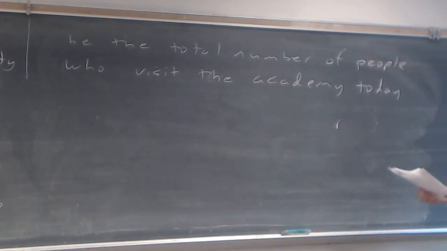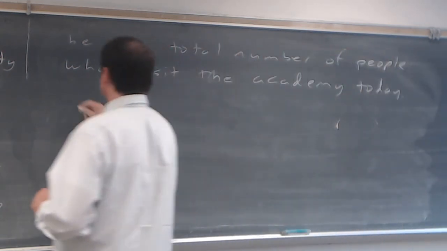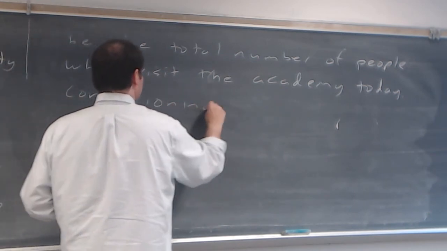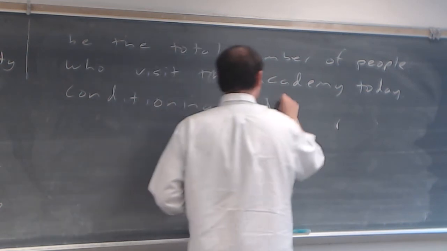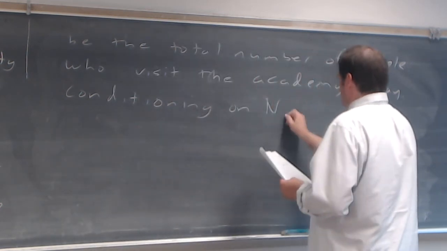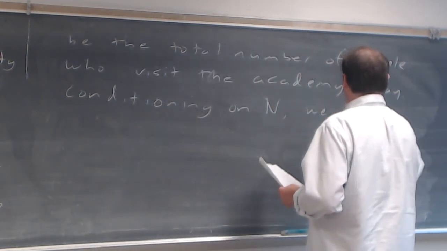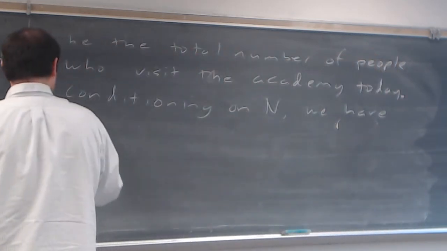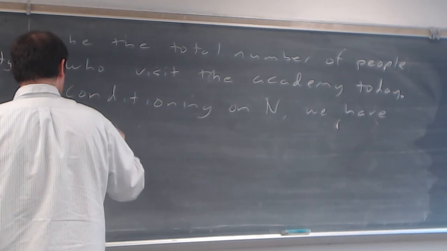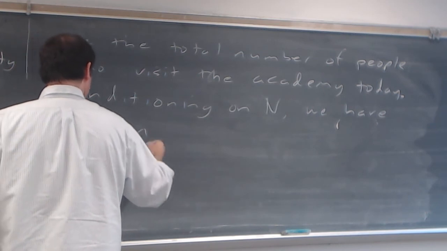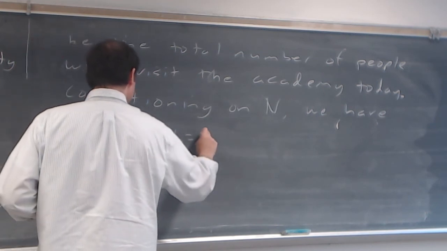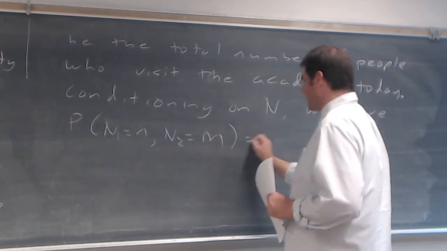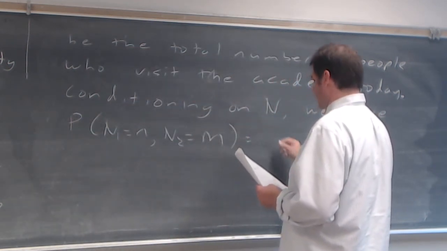So conditioning on n, here's what we're interested in: the joint PMF, that's the probability that n sub 1 equals n and n sub 2 equals m.